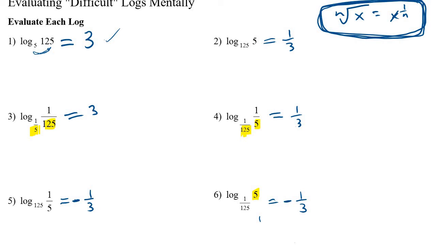I'll give an example of another one that is not 125. Let's just give one, for example, log base 1/81 of 3. Okay, now I'm going to go from 81 to 3.